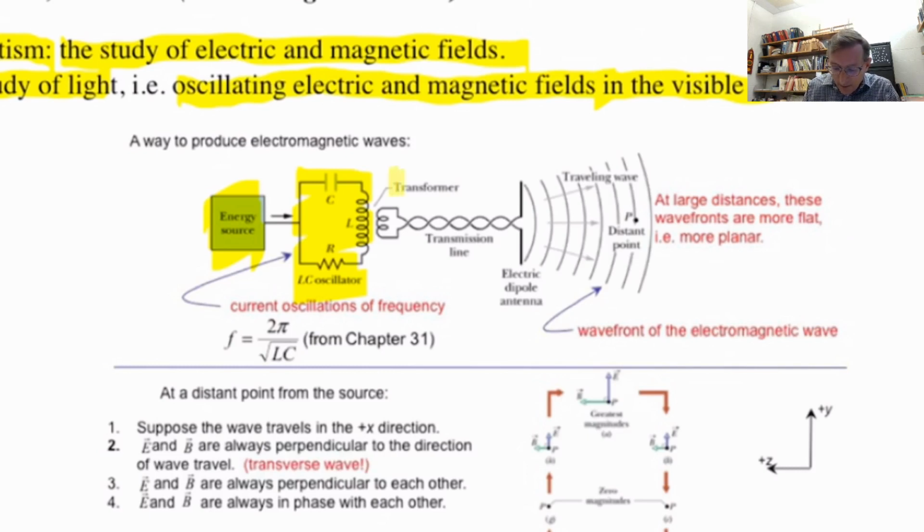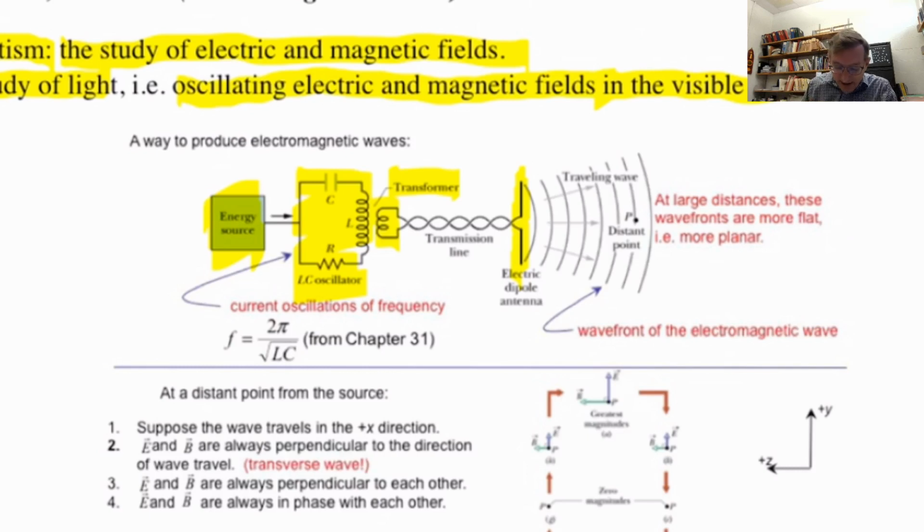This thing called a transformer just gives you a boost in voltage, and a transmission line goes to an electric dipole antenna, which is usually going to be of the order of a meter to many meters in size. And what you end up having is an AC current that oscillates up and down in that antenna.